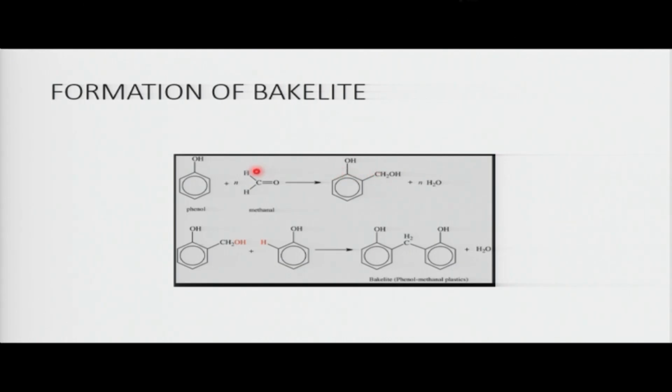Because phenol, if you remember from the chemical reactions of benzene and its derivatives, has the OH group, which is an electron donating group. So it directs to the ortho and para positions. So here we have the ortho position. This ortho position can react with another phenol to form our polymer.